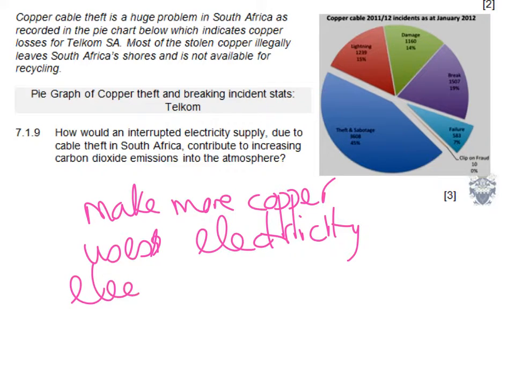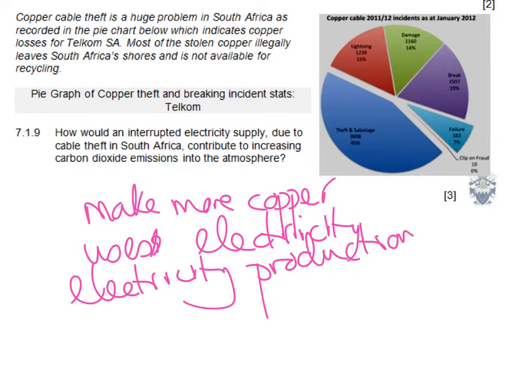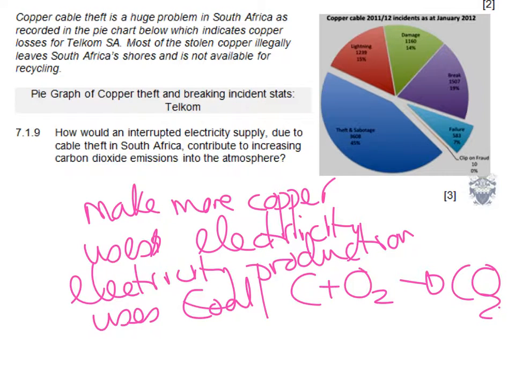Electricity production in South Africa uses coal, and coal plus oxygen gives more CO2. So that's how we increase the CO2 emissions.